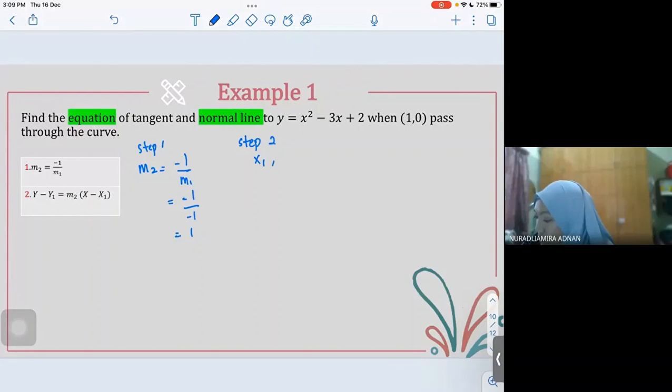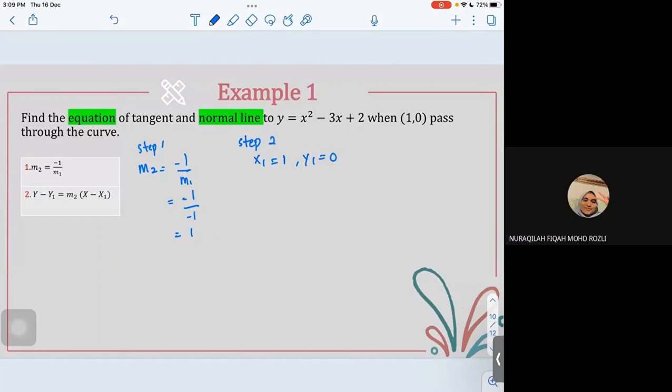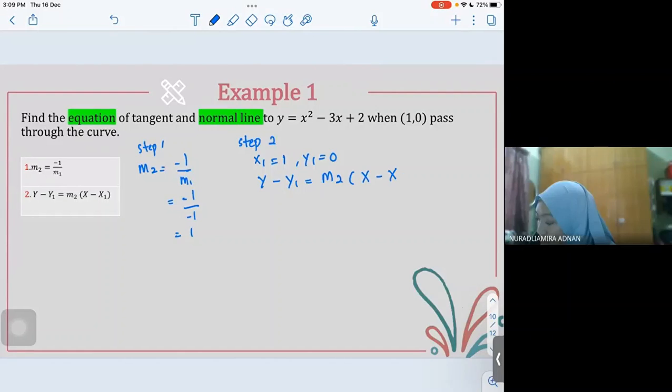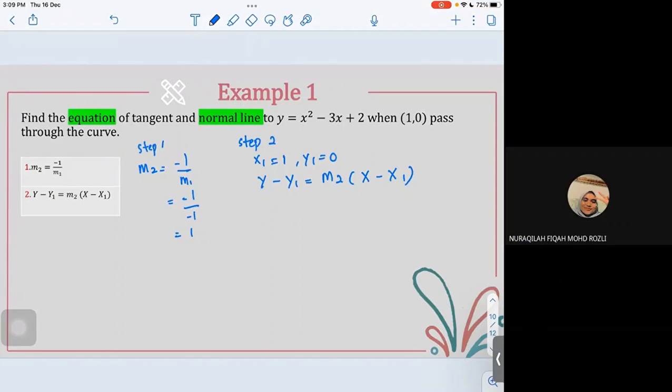Declare and denote first: y1 equals 0. Then substitute into the formula: y minus y1 equals m2 times (x minus x1). Substitute y minus 0 equals 1 times (x minus 1).